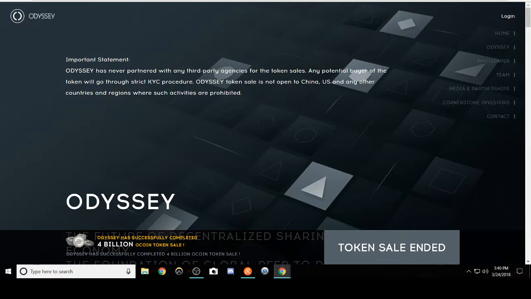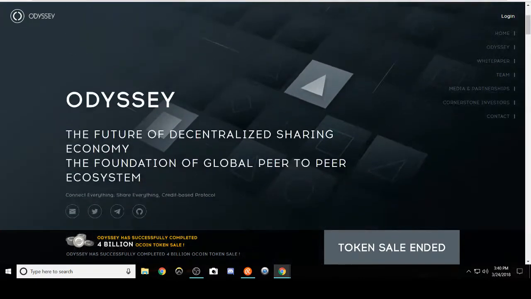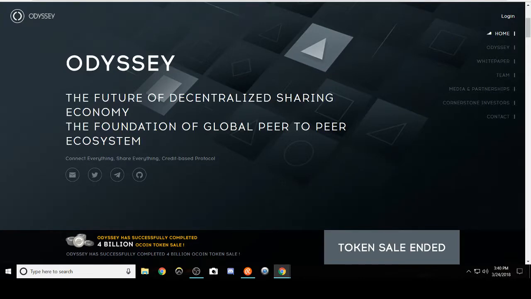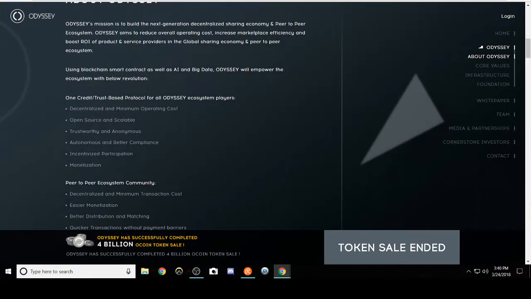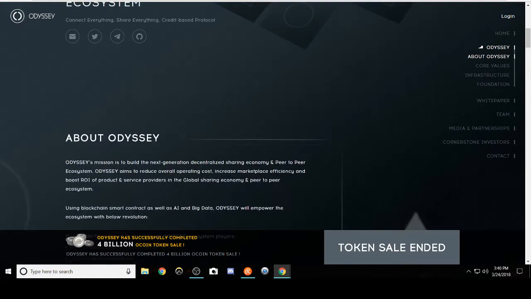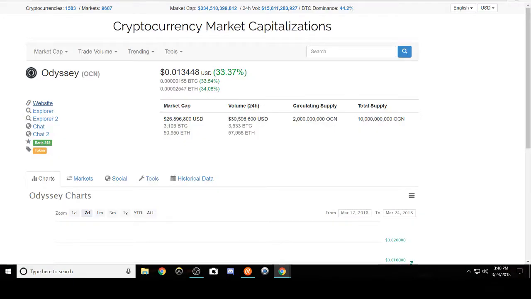Odyssey token sale is not open in China, US, any other countries and regions where such activity is prohibited. So, the future of decentralizing sharing economy. Yeah, so I'm probably not going to invest in this one because I don't know anything about it.